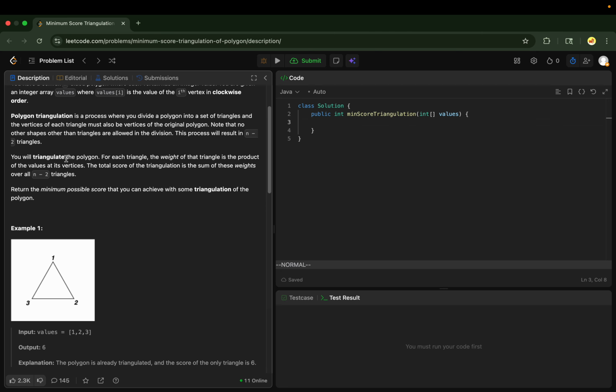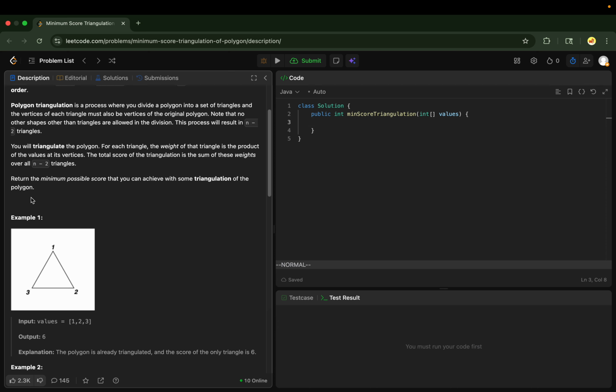You will triangulate the polygon. For each triangle, the weight of that triangle is the product of the values at its vertices. The total score of the triangulation is the sum of these weights over all n minus 2 triangles. So return the minimal possible score that you can achieve with some triangulation of the polygon.